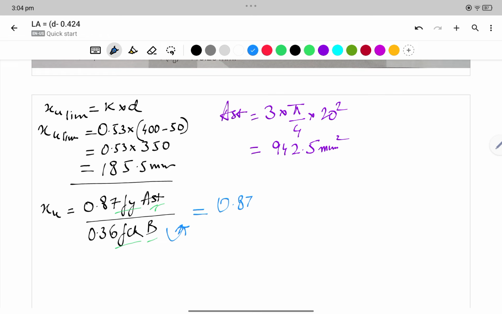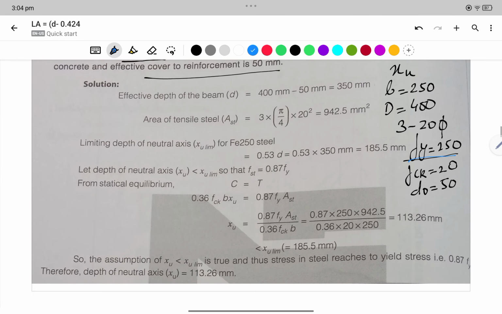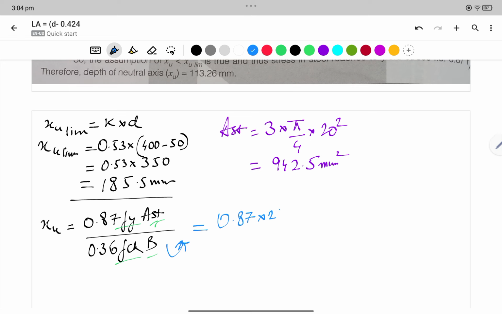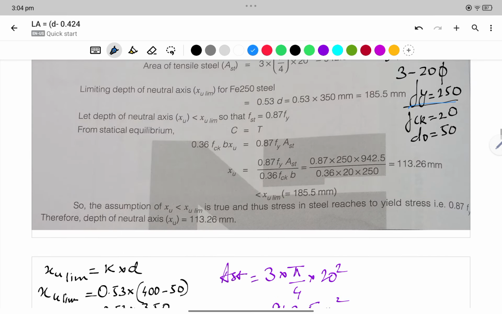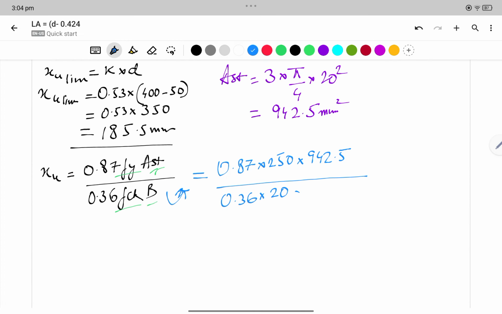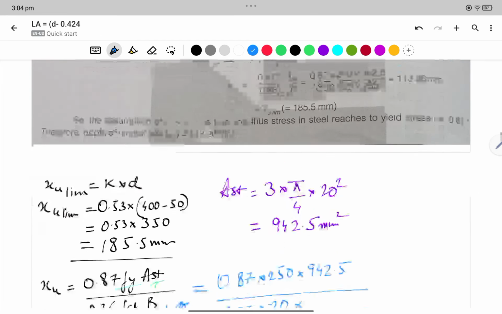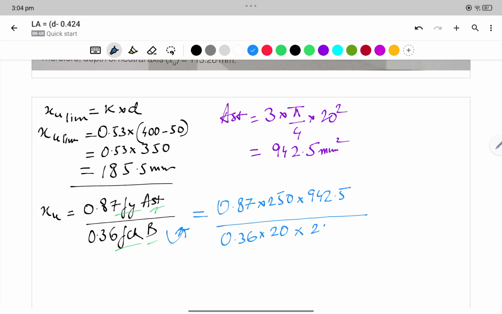0.87 into Fy, Fy is 250, into Ast, 942.5, divided by 0.36 into fck. fck is 20, and the beam width B is 250.